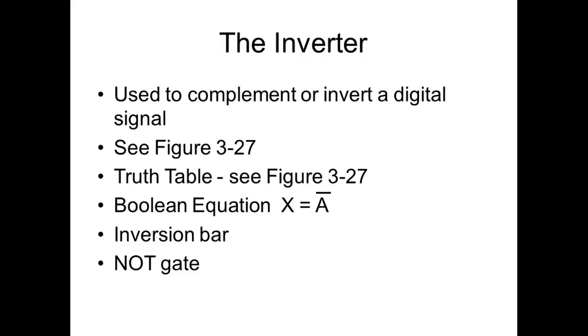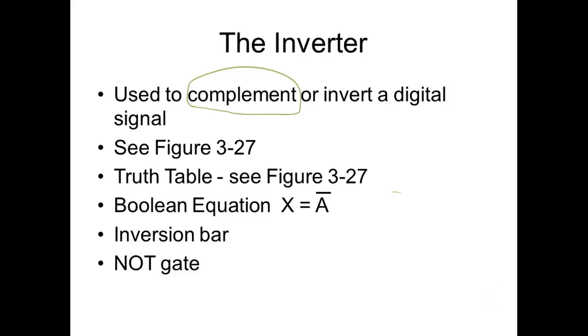So the inverter is used to complement. In digital, complement does not mean, hey, you look good today, or your hair looks great. In logic, complement means the opposite of. So anytime we take the complement of something, that's the opposite of. We use this in solid state when we talk about complementary pairs of transistors.